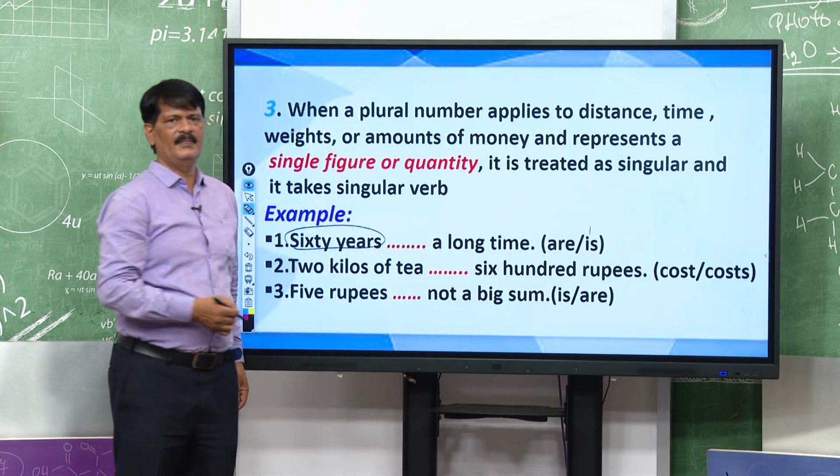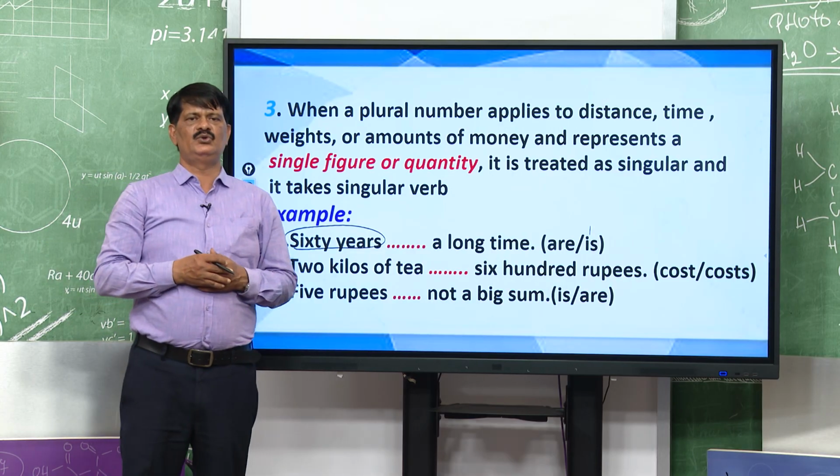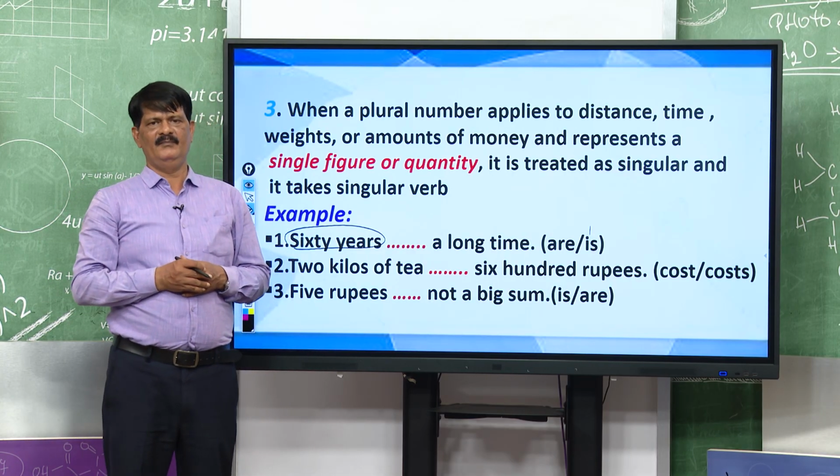Is. And also the next one: 2 kilos of tea, 600 rupees. 2 kilos means it is weight. For 600 rupees, two options are there, cost or costs. Very easy answer you can tell. 2 kilos of tea implies one single unit or single quantity.